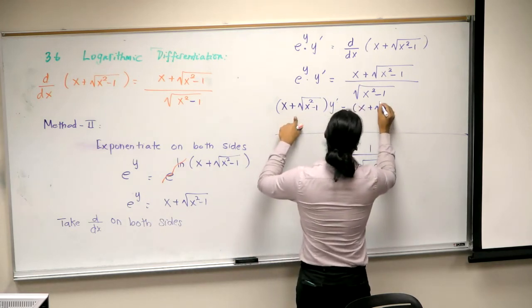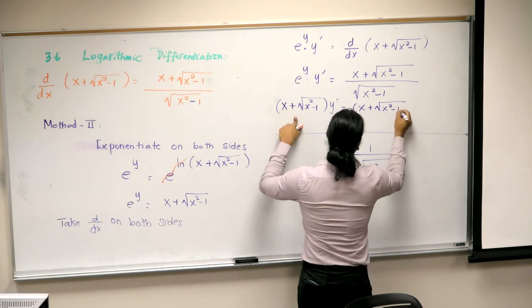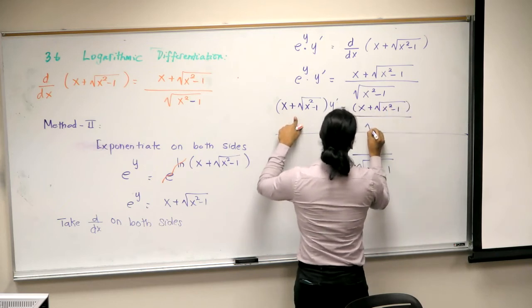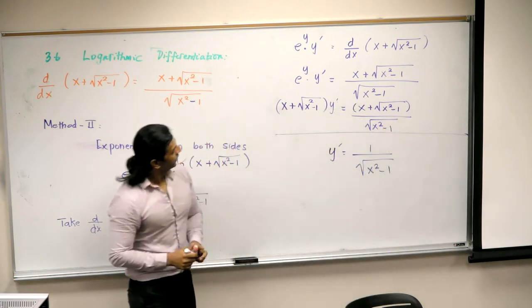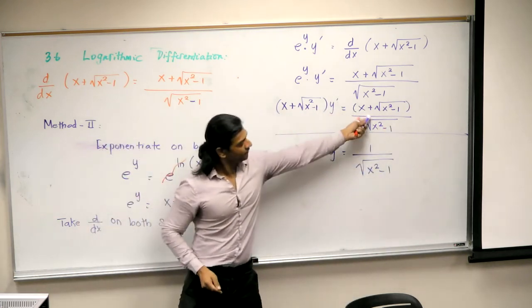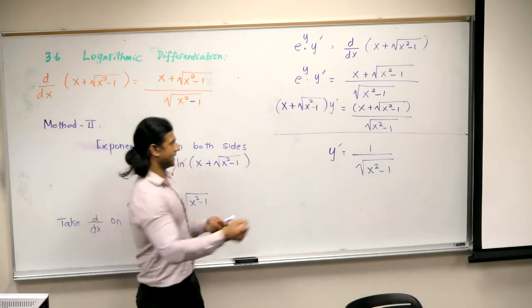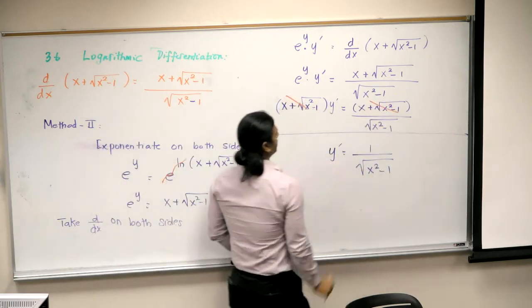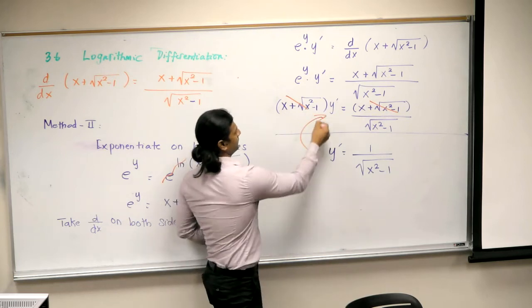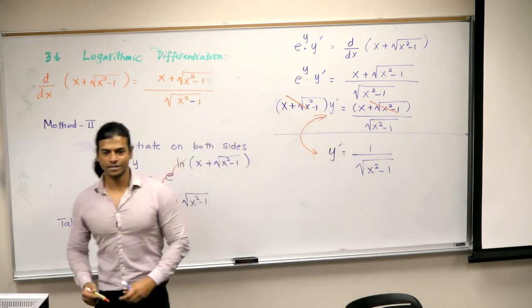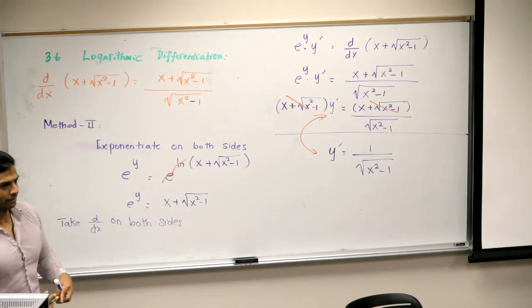So x plus the square root of x squared minus 1, divided by the square root of x squared minus 1. Algebra. What happens? It'll get cancelled. So we would end up having y prime equal to 1 over the square root of x squared minus 1.